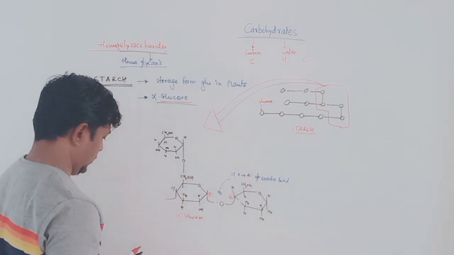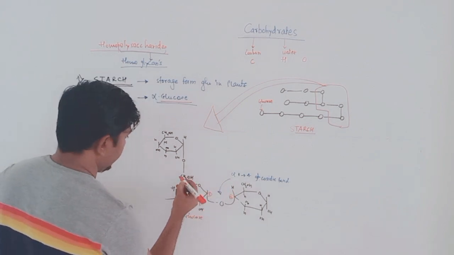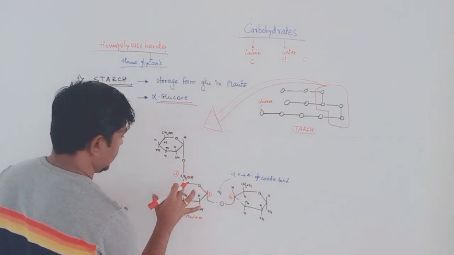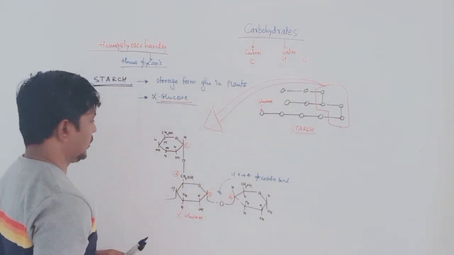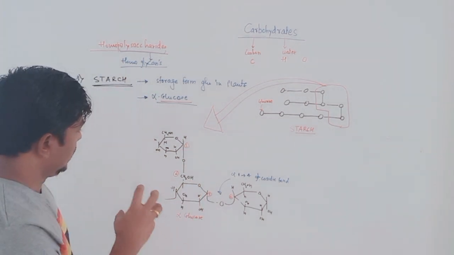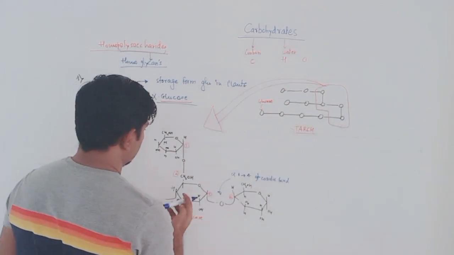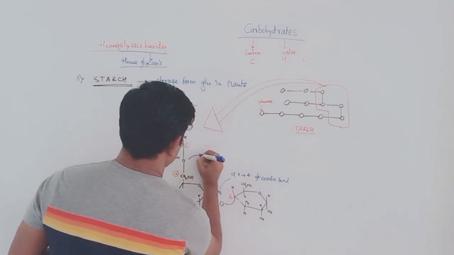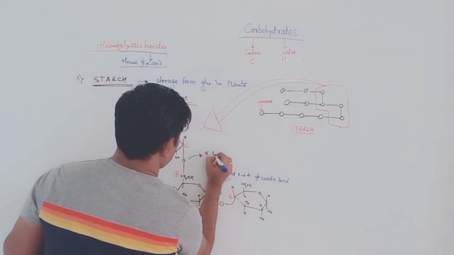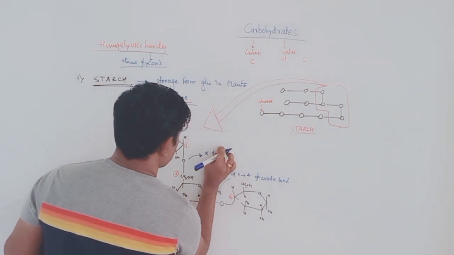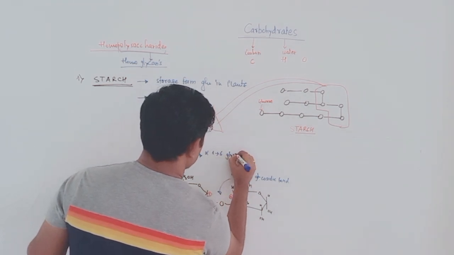But there is one more bond which is present. This is the sixth carbon of one glucose molecule, and this is the first carbon of another glucose. This linkage is called the alpha 1,6 glycosidic bond.